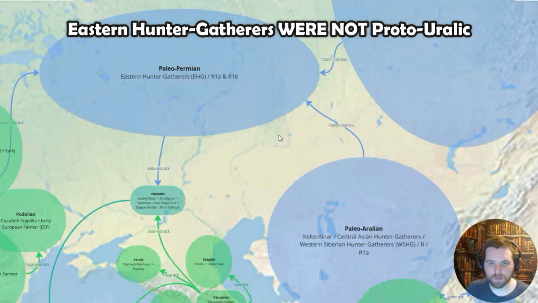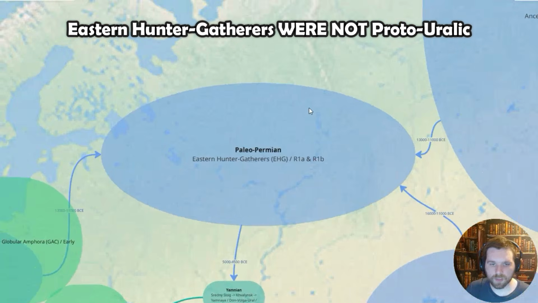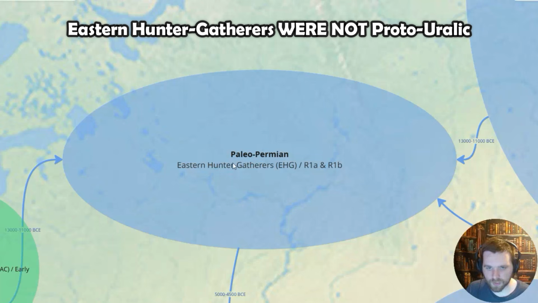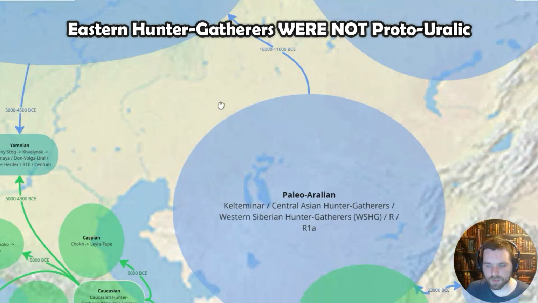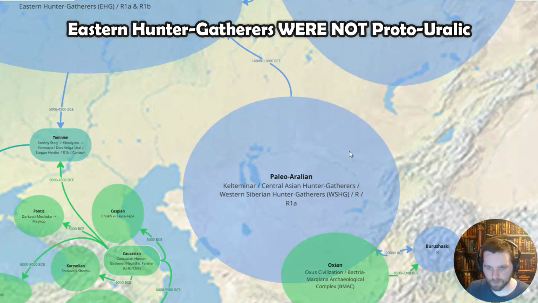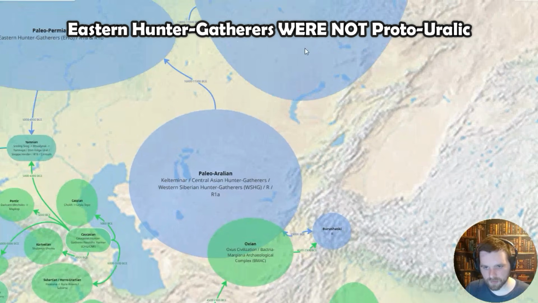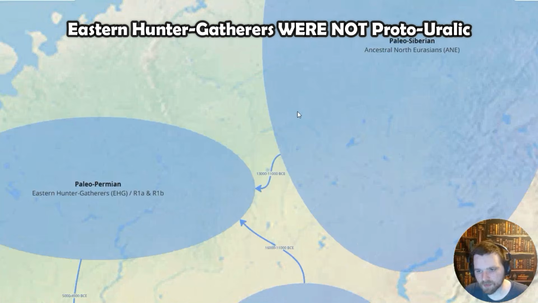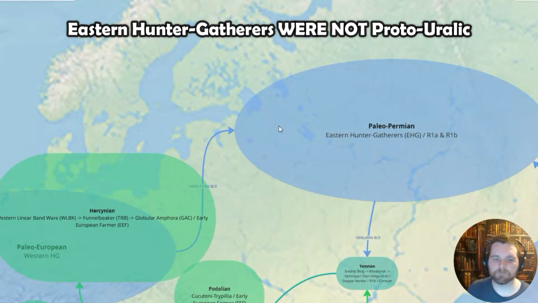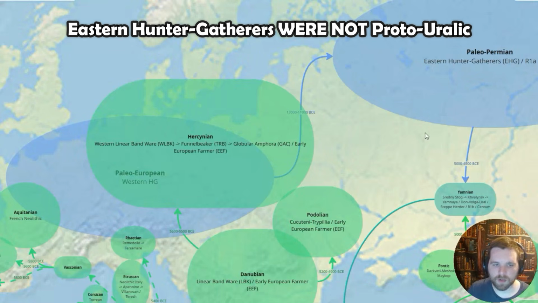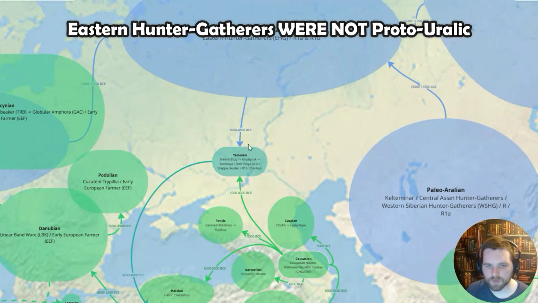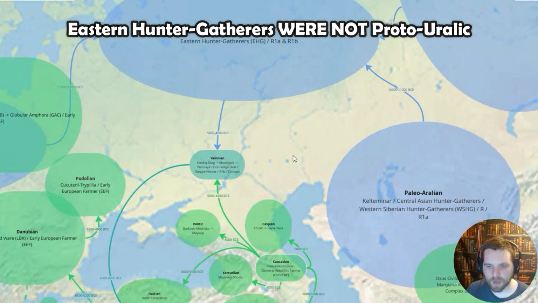But over here, they contributed to this Paleo-Permian Eastern hunter-gatherers gene pool, as well as they were related to this, I'm calling them Paleo-Iranian, so like the Aral Sea region, Kelteminar, Western Siberian hunter-gatherers. Sometimes that's just another term for this whole thing here. Really, these are related. Again, that's about half ancestral North Eurasian and half Western hunter-gatherer. And they are the ones who are contributing to the Yamnayan or Proto-Indo-European horizon.